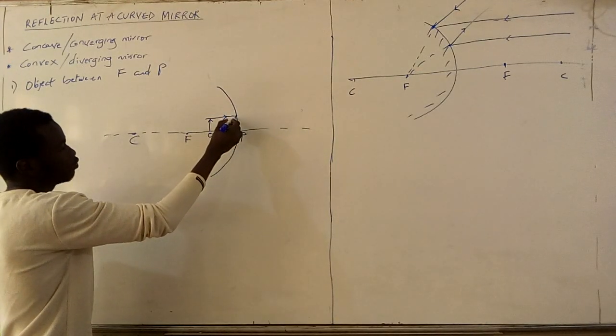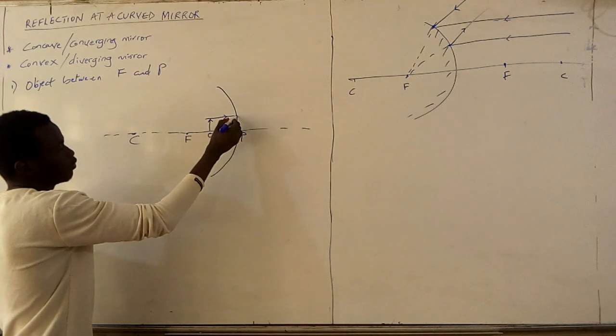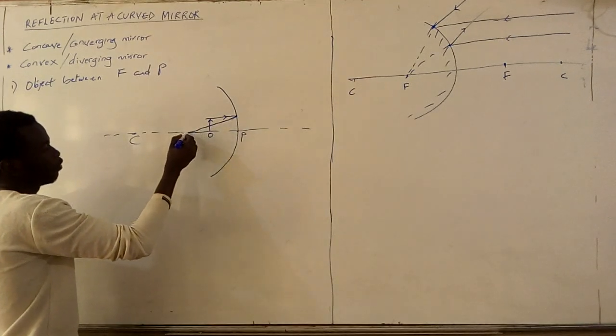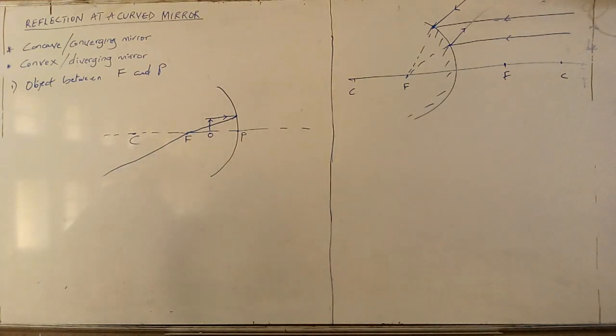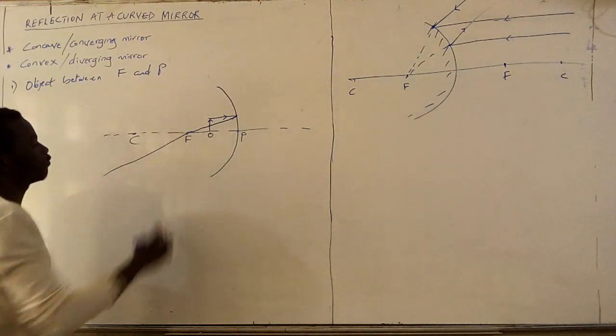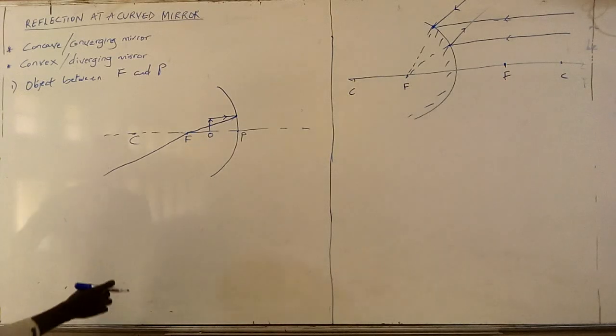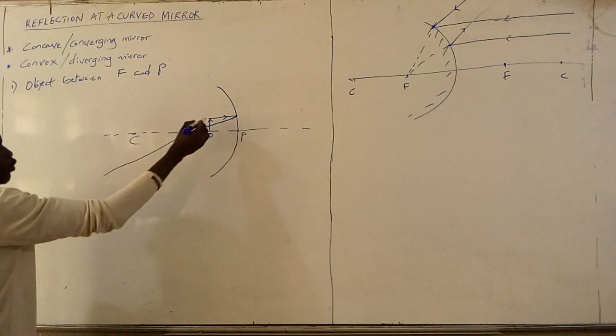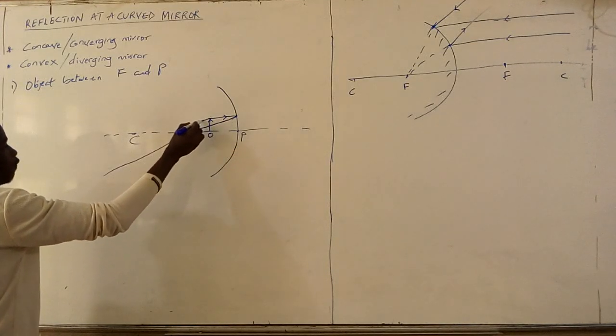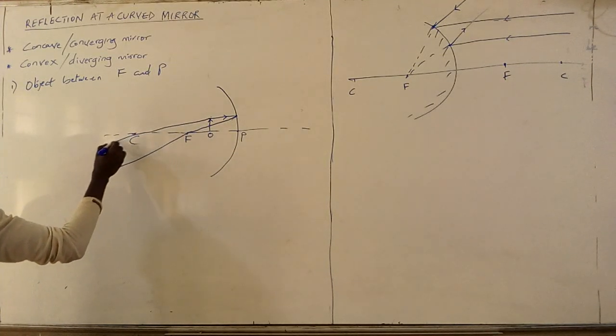So this is going to reflect this way and fall on F. Then, from the top of the object, we are going to have another ray this way, which will fall on C.